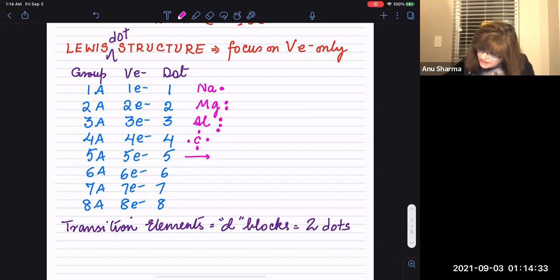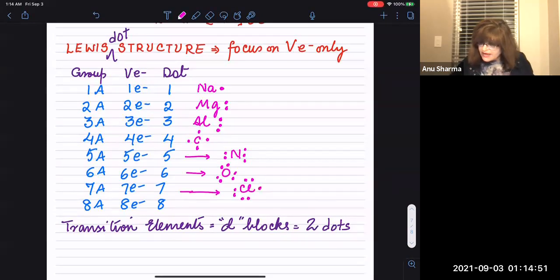Nitrogen has 5 dots, so 2 here and 3 on one side. This is oxygen. Oxygen has 6 dots like that. Then comes chlorine. Chlorine has 7 dots. And then comes neon.